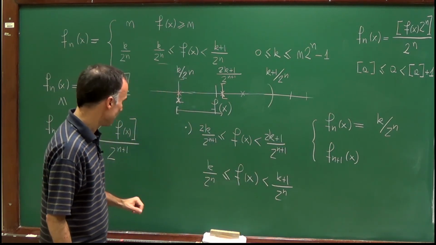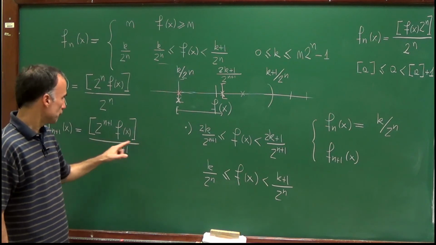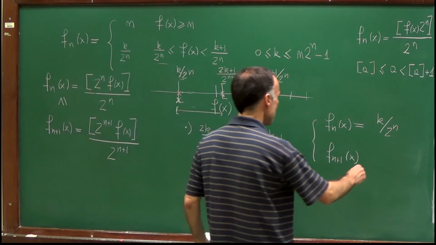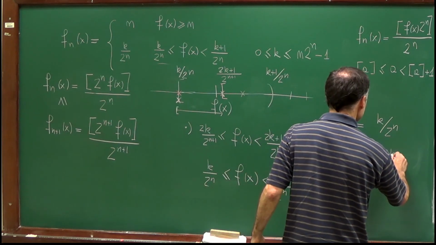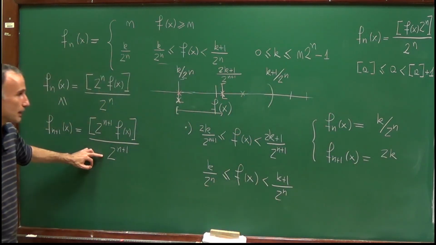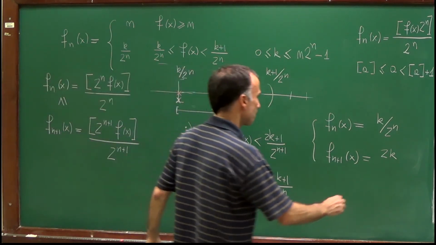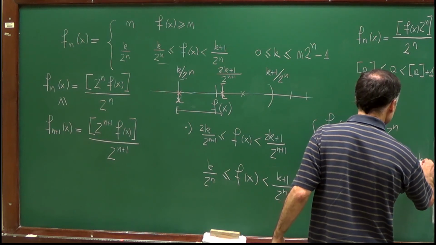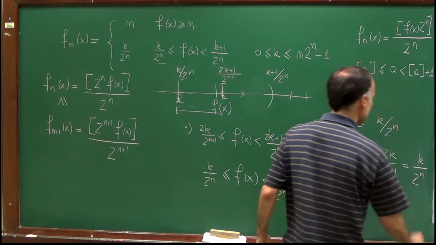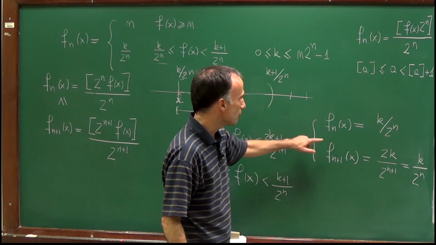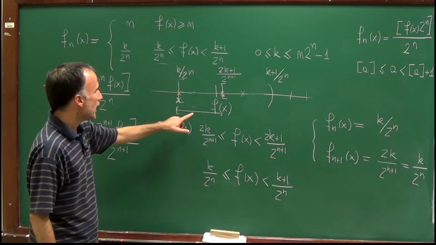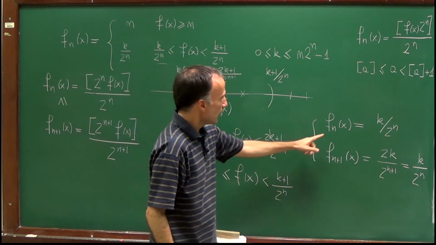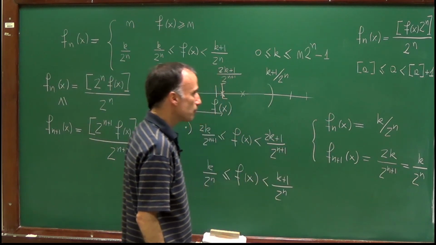And this means, therefore, that the integer value of 2 to the power n plus 1 f of x is equal to 2k. So we have here 2k, and we divide by 2 to the power n plus 1. And this is equal to k divided by 2 to the power n. And therefore, we obtain that if f of x belongs to this first interval, fn of x is equal to fn plus 1 of x.